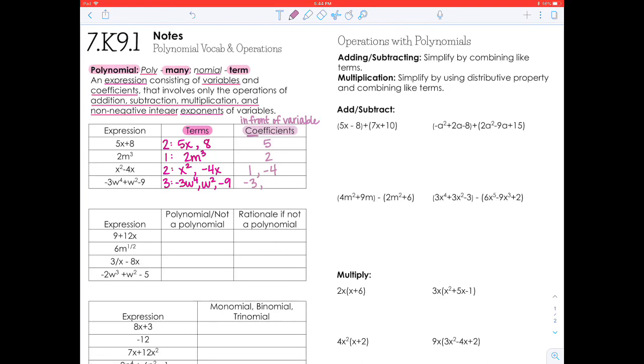And then in front of w squared, again, there's no number there, but we know that it's being multiplied 1 time, so our coefficient is 1. Okay, so that's how you break up an expression into its number of terms and its coefficients.